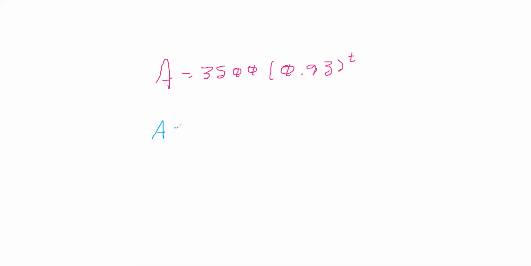Think about it like this: a is equal to 3,500 times 1 to the t. 1 to the anything is going to equal 1, right? So this is always going to be 1, and a always equals 3,500.